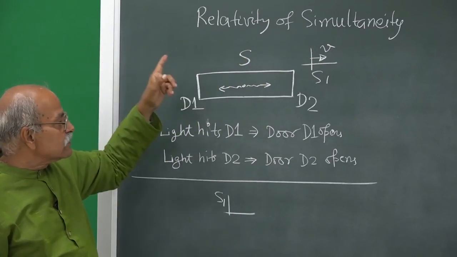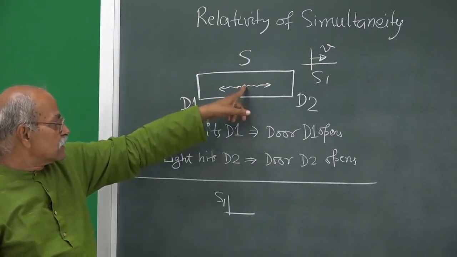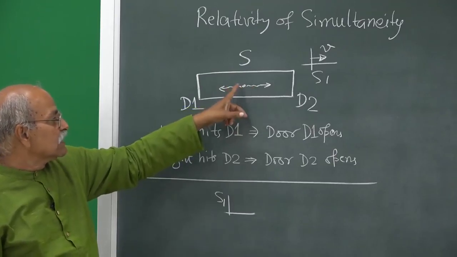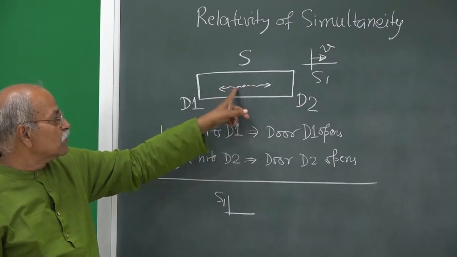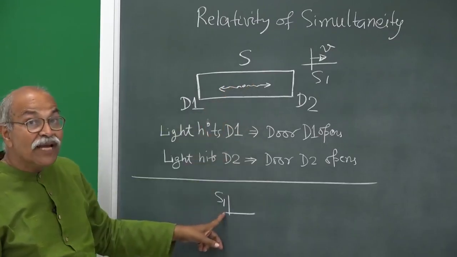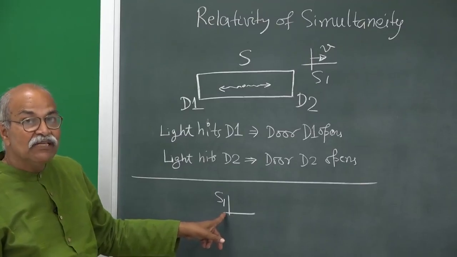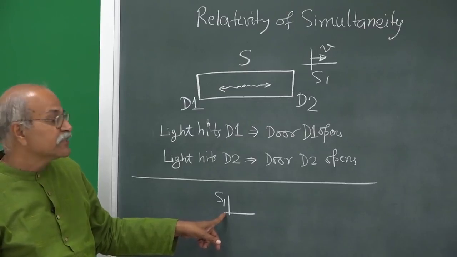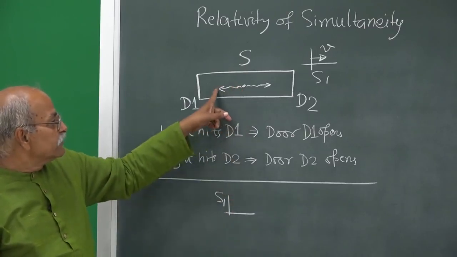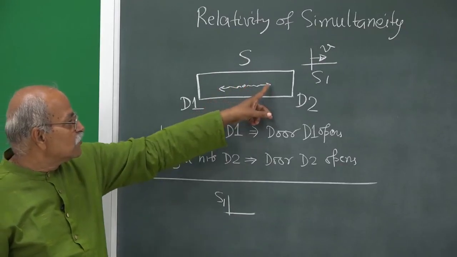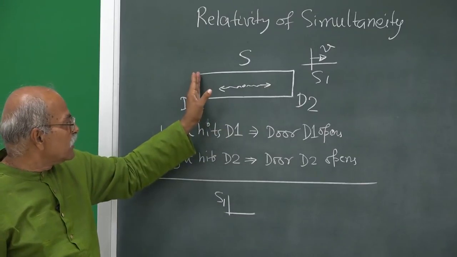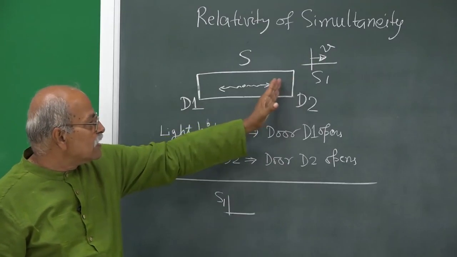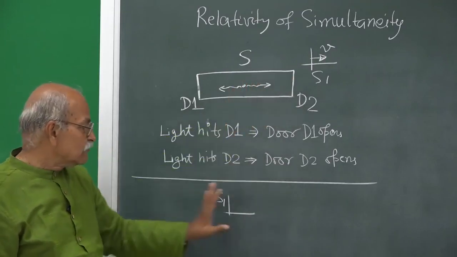So, at a certain instant the source was put on and it emitted two light beams. Light pulses are going in frame S1 also at a speed c, because the speed of light in vacuum is the same in all inertial frames. So, this light is going with speed c, this light is going with speed c, door D1 is going towards left with velocity v, D2 going left with velocity v. That is the scenario from here.